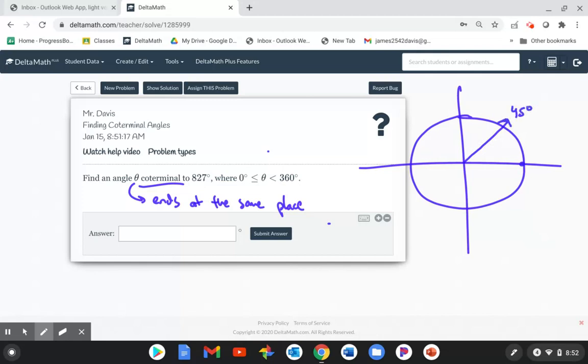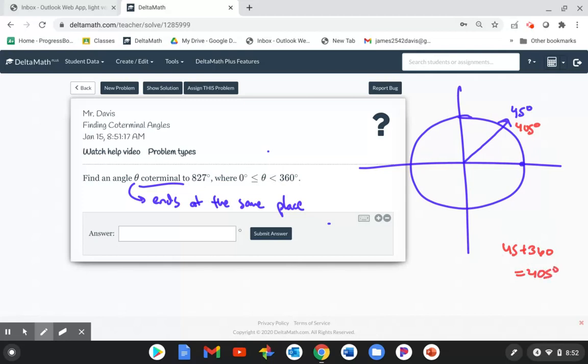One angle that would be coterminal to that, meaning ending at the same spot, would be 405 degrees. And the reason why is not because I put a 0 in there, but because 45 plus 360 is 405.